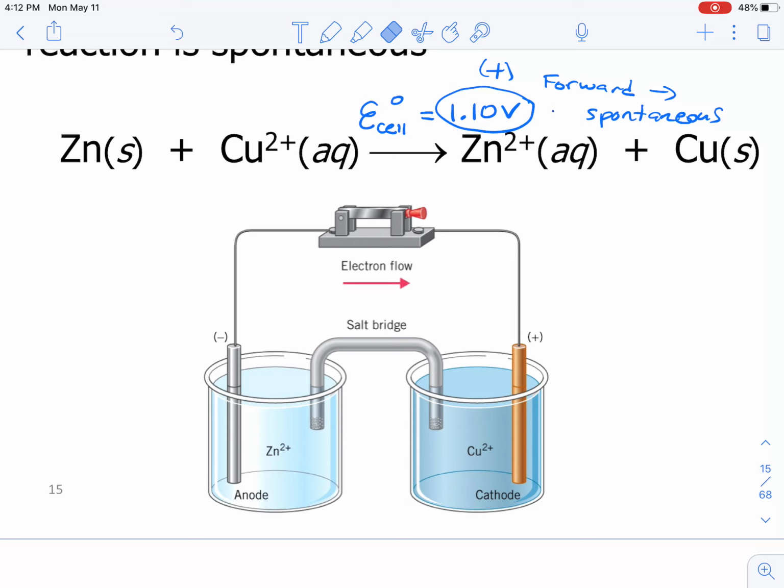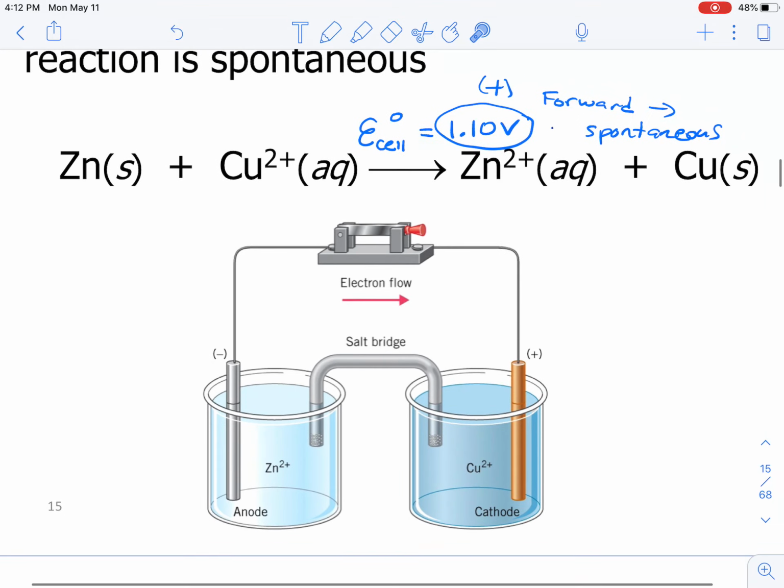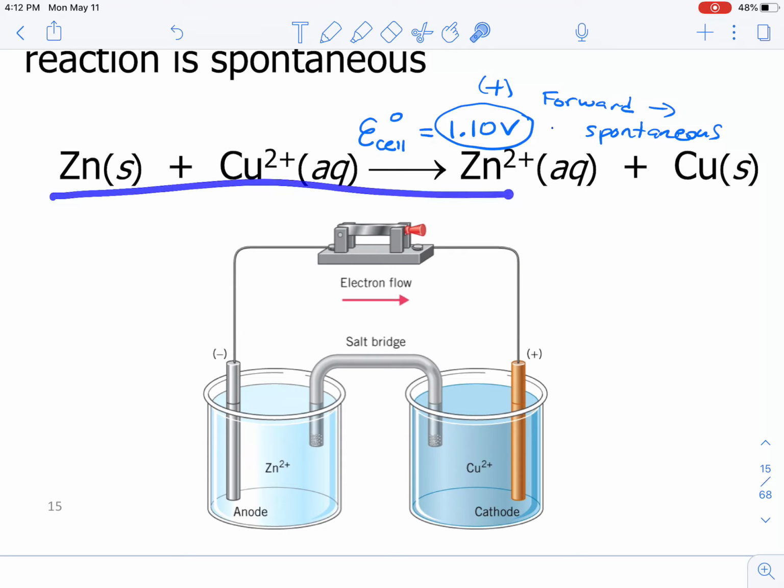What that tells us is that if we wanted to use this chemical system to do some type of work, so this spontaneous reaction is going to fuel a non-spontaneous reaction, if you will, then we will have to manipulate the setup of this chemical reaction such that they are not in the same solution.